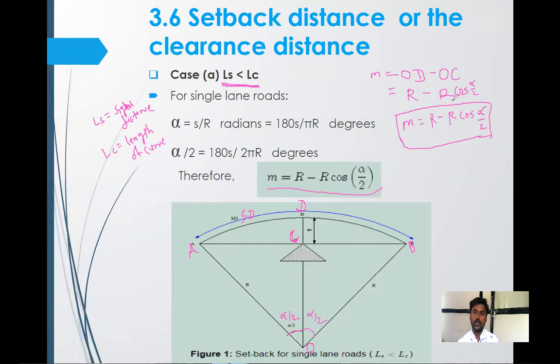If you have not understood how R cos alpha by 2 came, I will write here.